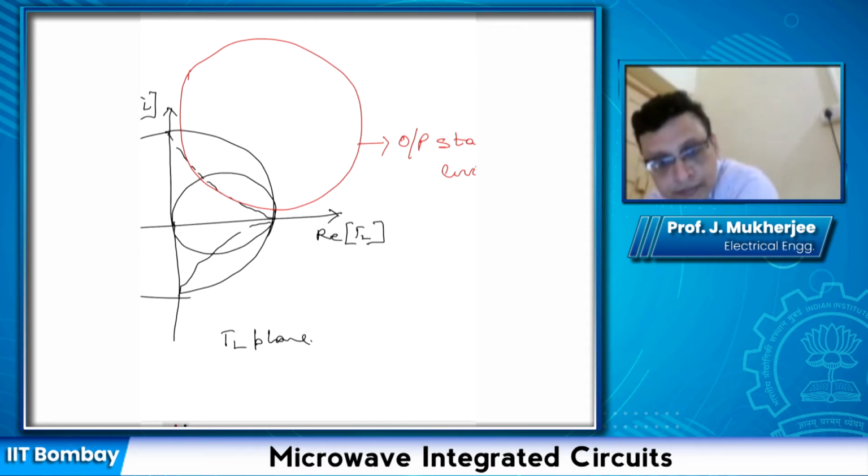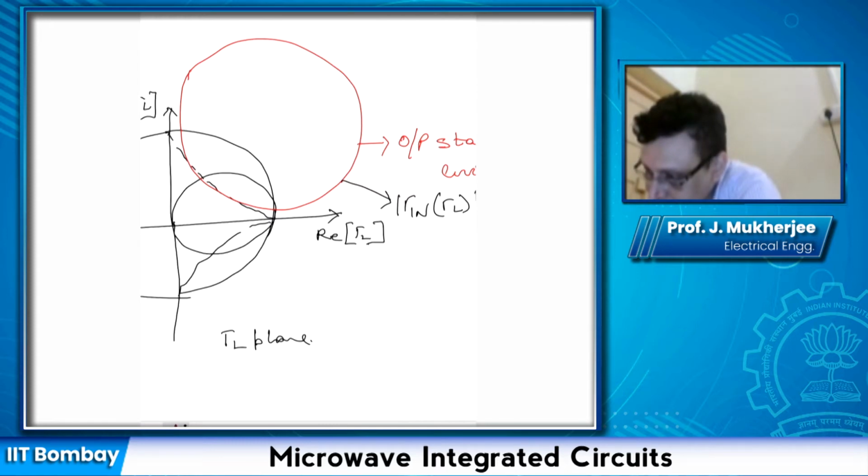Now in this output stability circle, first of all, as we just derived, this boundary is nothing but modulus gamma in as a function of gamma L equal to 1. Suppose this is the center CL; its magnitude is the distance from the origin, and the phase is the angle subtended by this dotted line with the x-axis.